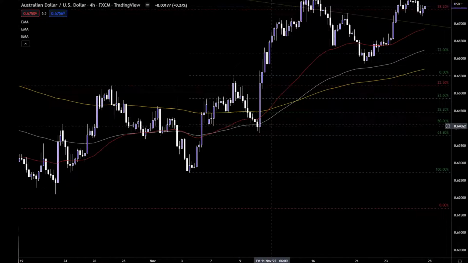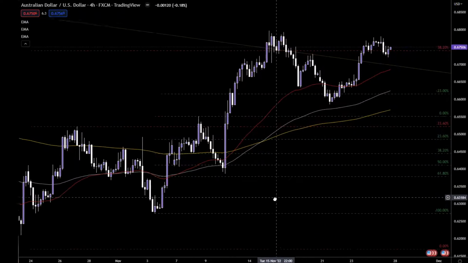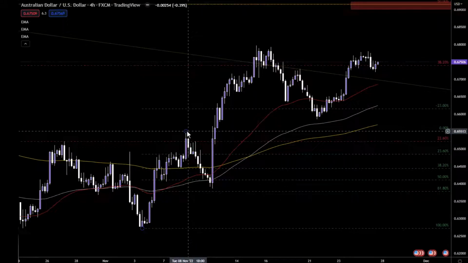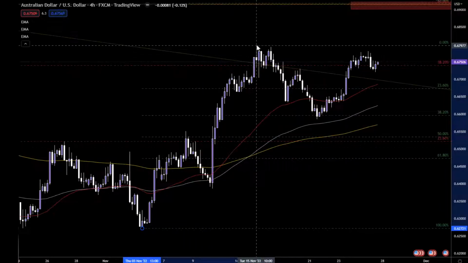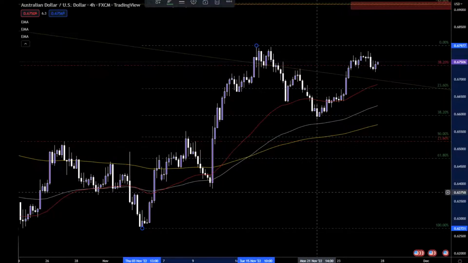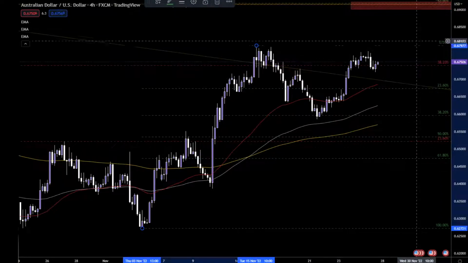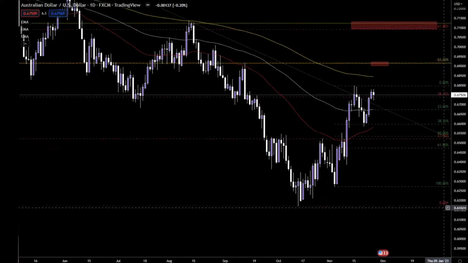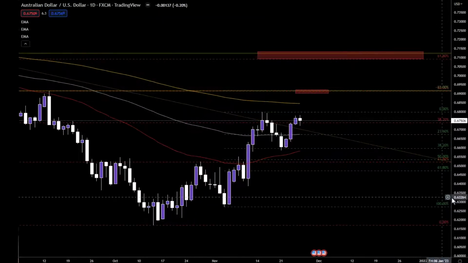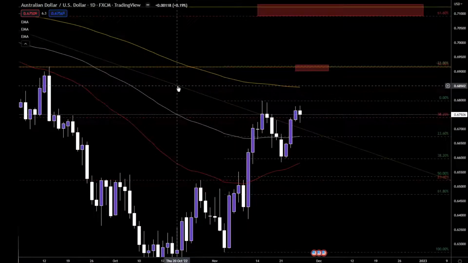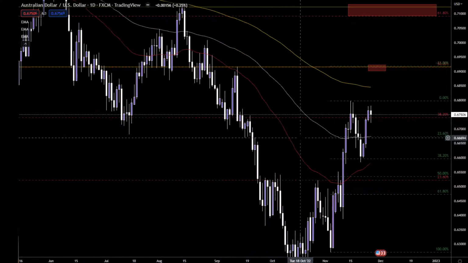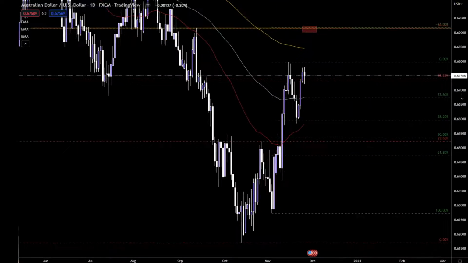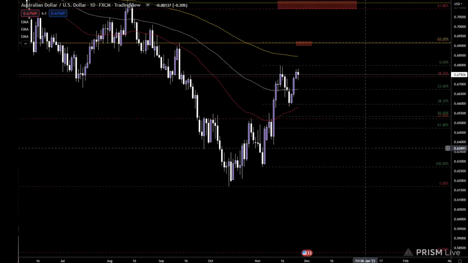So this one, between the 50 and the 61, and then it gives a good 38. So we get rid of the trend line because it's broken, and it just tricks you into thinking it's a good confluence when it isn't.